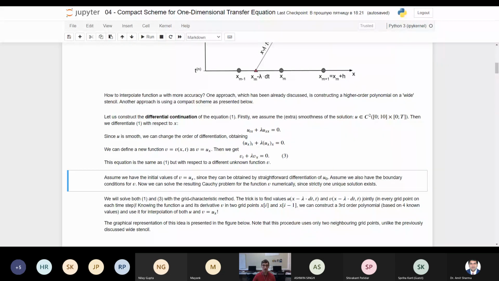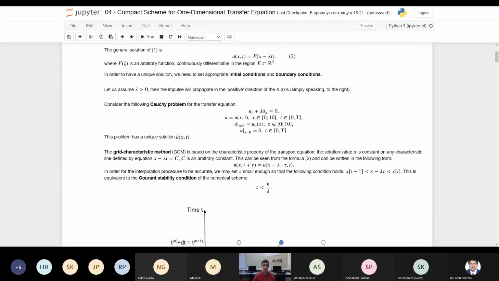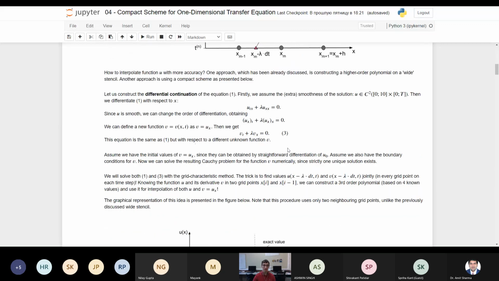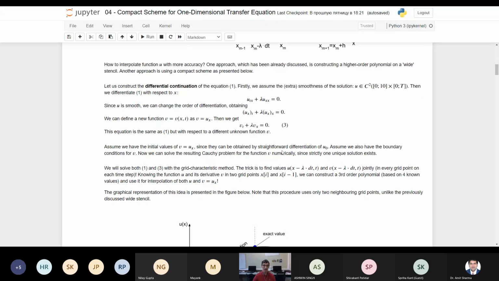However, if we consider this problem, we can also use the same boundary condition for the function v. And now we are going to solve both Cauchy problems for u and for v functions simultaneously.